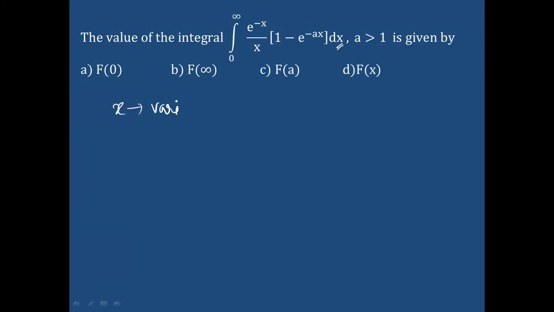So apart from x, you need to identify all other variables. If you observe this integrand over here, we find another variable which is nothing but a. Here in that case, a is not called the variable. It is called the parameter, right? So here a is a parameter.